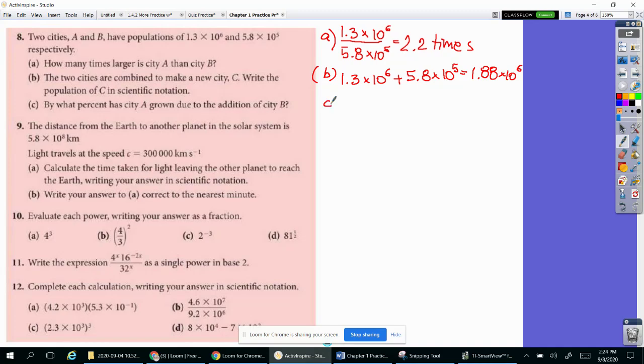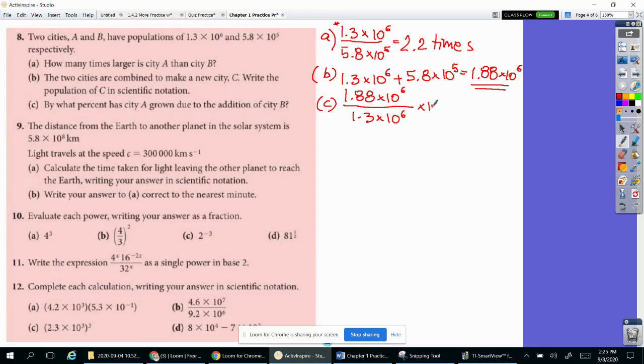Now part C is asking by what percent has city A grown due to the addition of city B. So what they're asking us is percent growth. We're going to take city C and divide it by the city A population to see the percentage growth. So 1.88 times 10 to the 6th power over 1.3 times 10 to the 6th power.